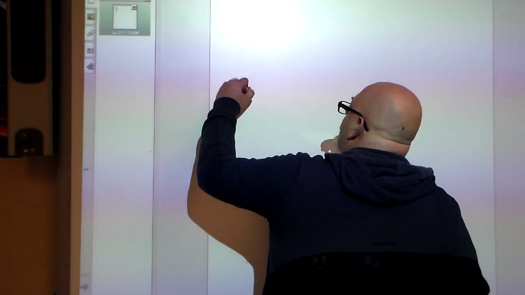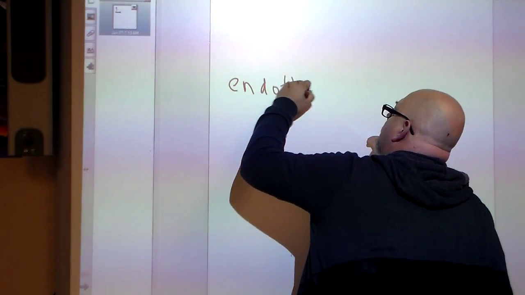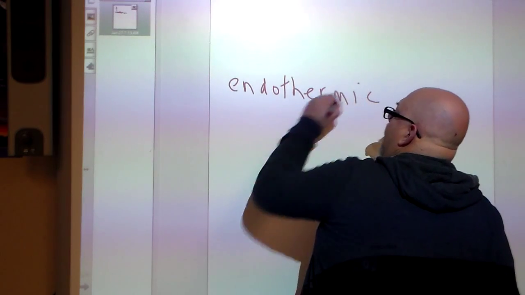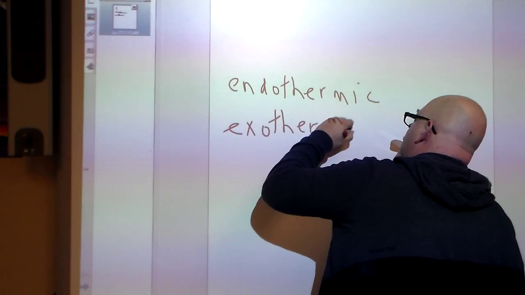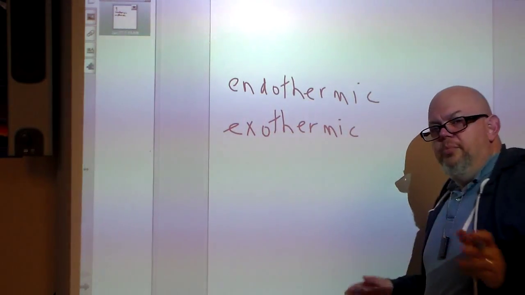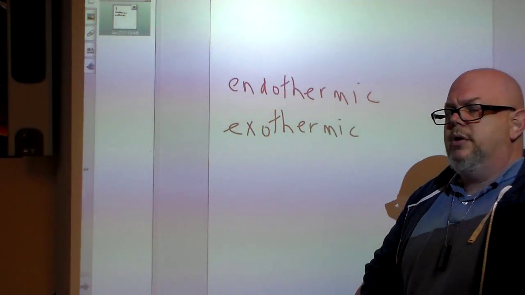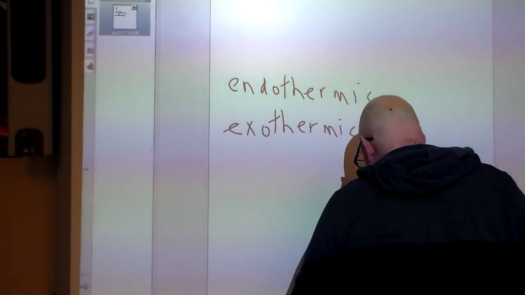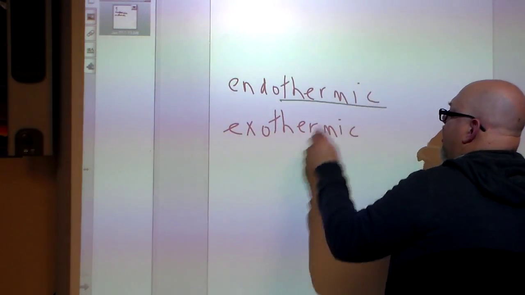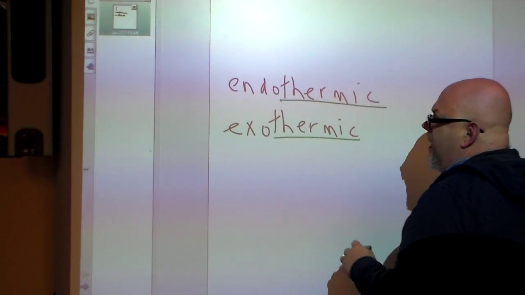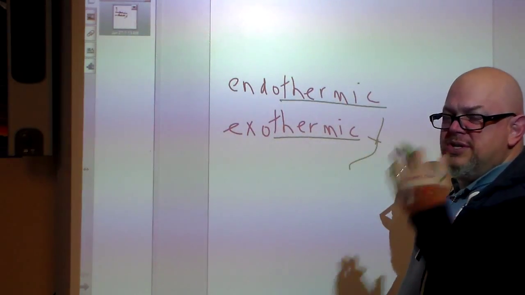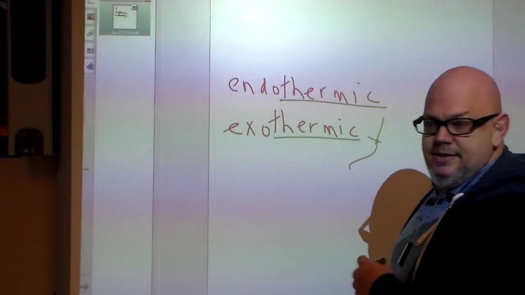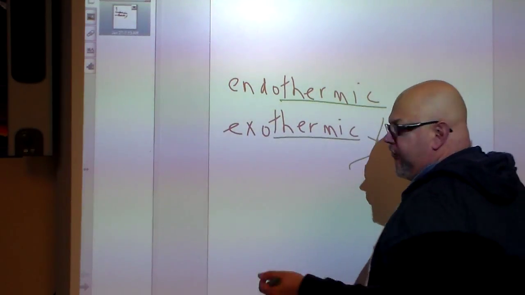So, when we look at the terms endothermic and exothermic, okay, we have to break down the words. When we look at the word thermic, we should automatically think about thermometer, thermostat, thermal blanket, a thermos.